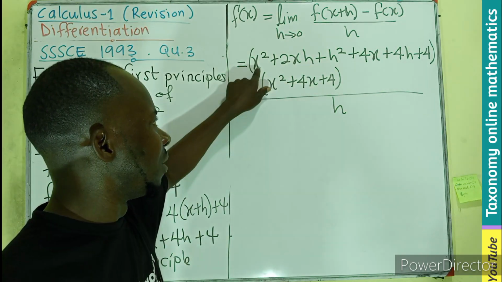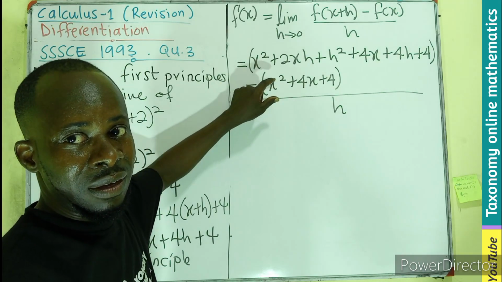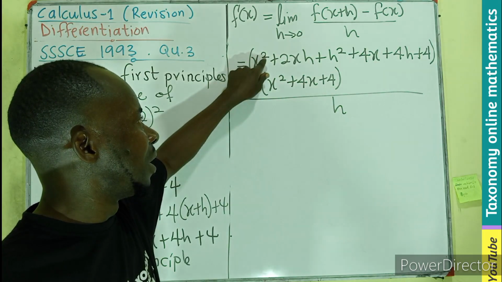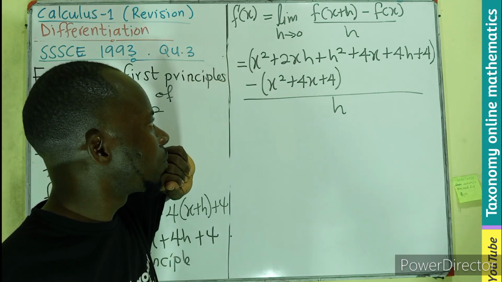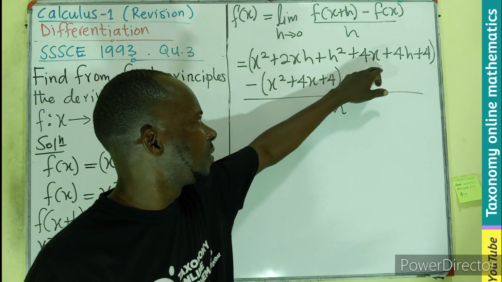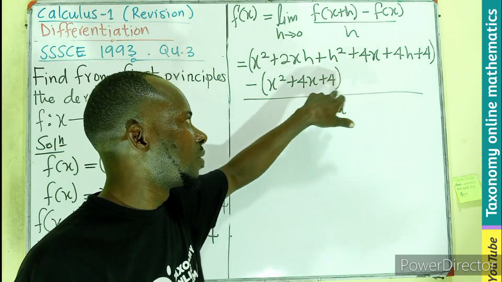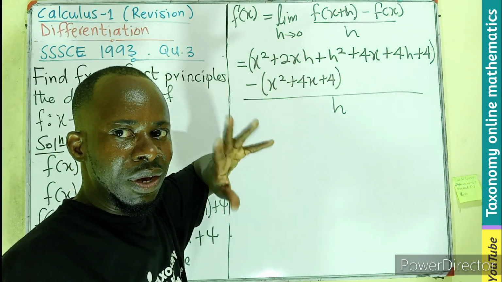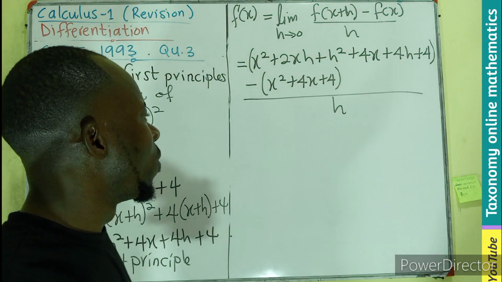So this and this will become a common term, x squared minus x squared. So you're having this and this are like terms, so it becomes 0. Positive 4x, negative 4x, it will also cancel. Then the constant 4 and 4 will cancel.